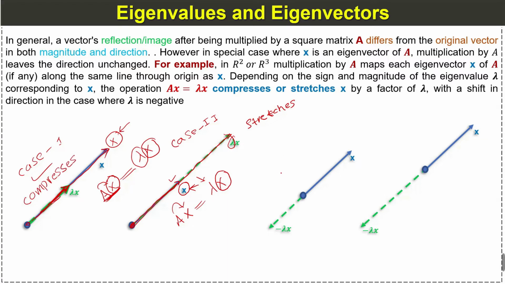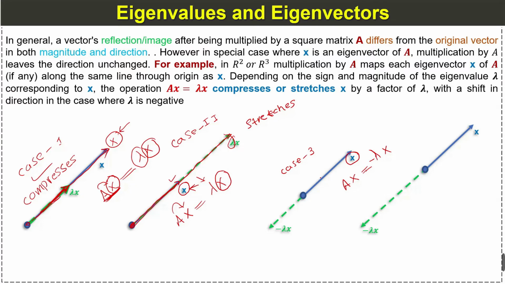And the third case we have: here we can see the original vector x in blue color, and after multiplying vector x by the square matrix A, the result will be equal to some scalar times the original vector, with the direction reversed.